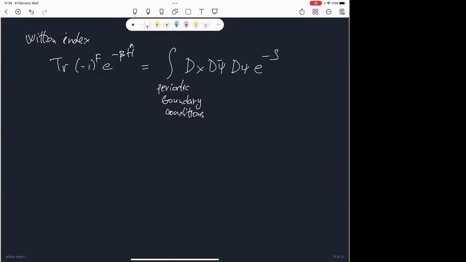When I write e^(-S) without an i, this means it is the Euclidean action, and of course this action depends on x, ψ bar and ψ.